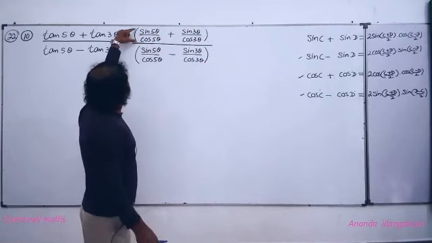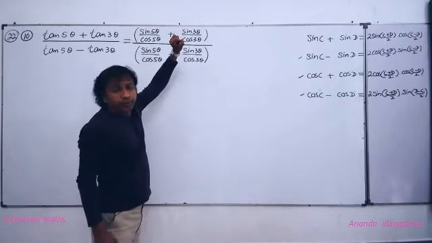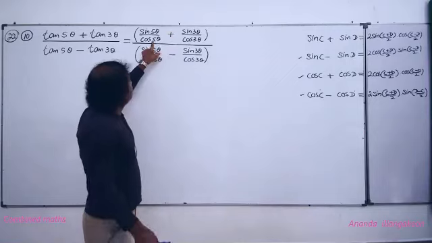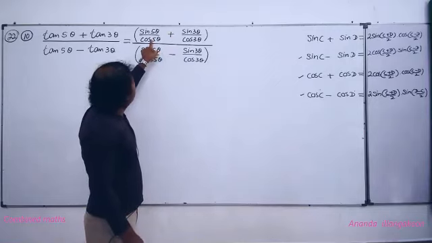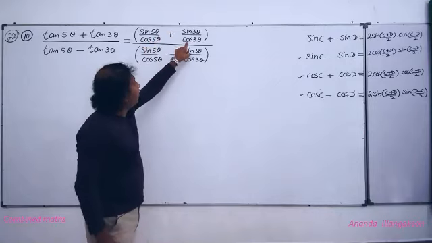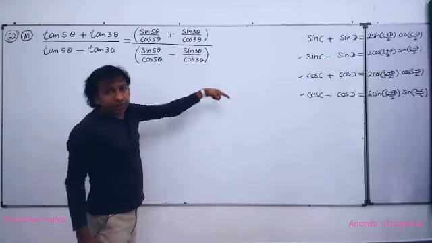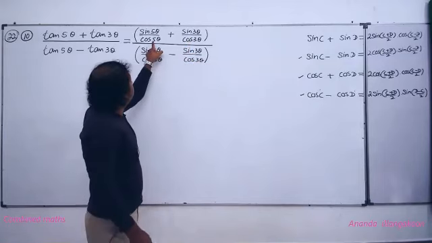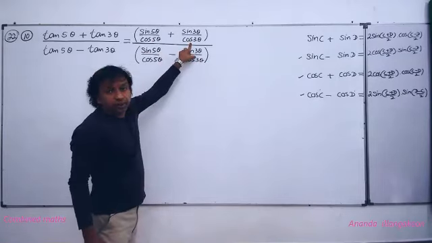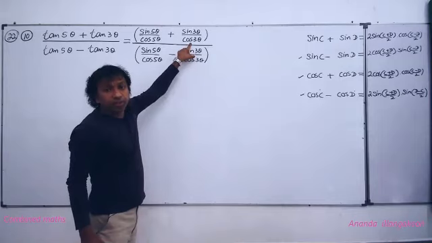For this numerator, I can consider cos 5 theta multiplied by cos 3 theta as the common denominator. As in the earlier question, we take this multiplied by this as the least common multiple for the numerator part.